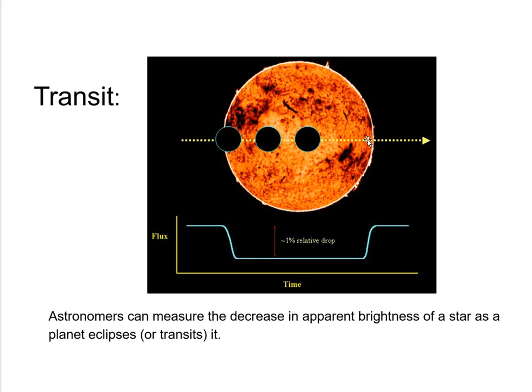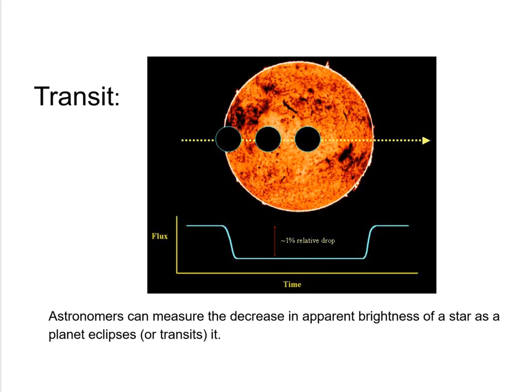And so if we know the mass of the sun, and we roughly know the mass of the planet because we know its size, then we can figure out how far away from the star it is based upon this luminosity drop. Right? So we're basically looking for transits.